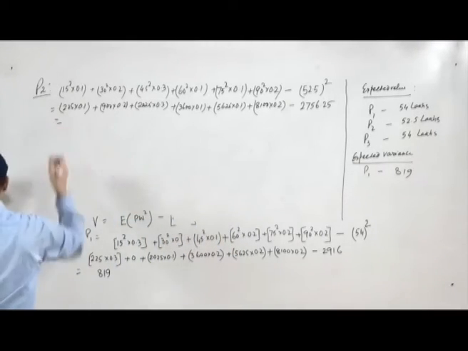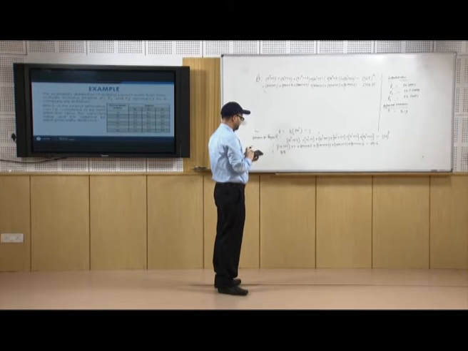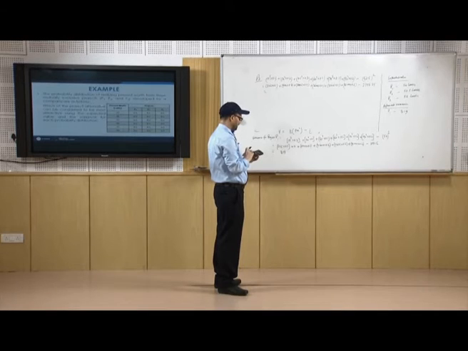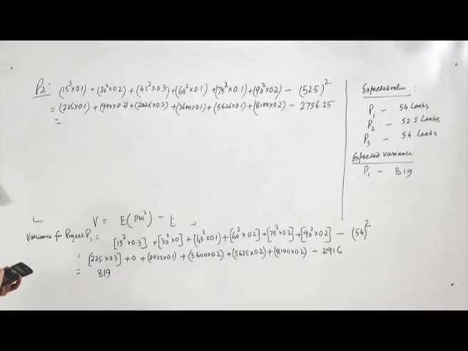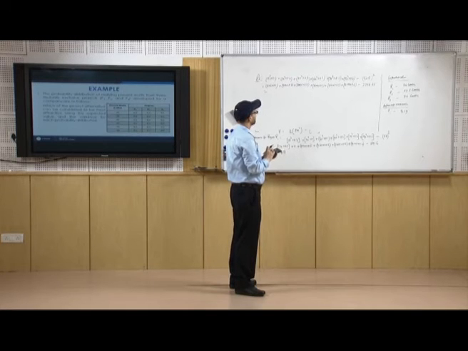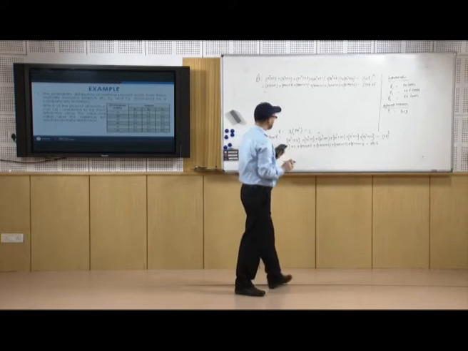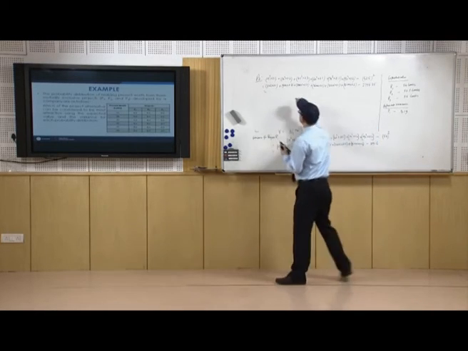So, we can further add them. So, it will be 22.5 plus 180 plus 607.5 plus 360 plus 562.5 plus 1620 minus 2756.25. So, it is coming out to be 596.25.